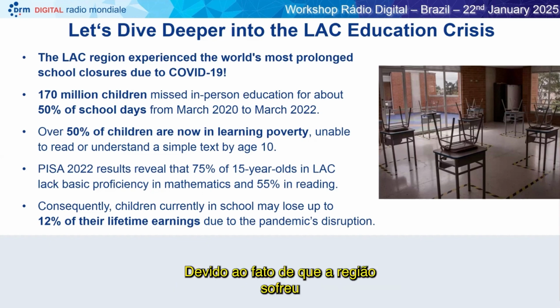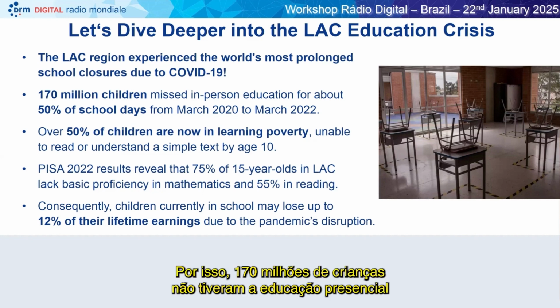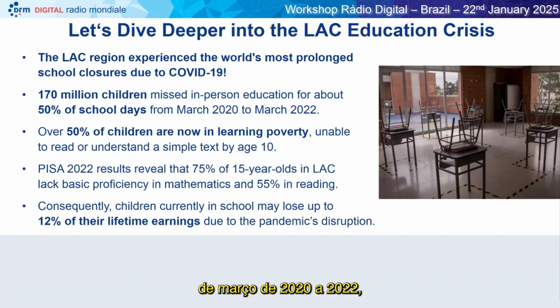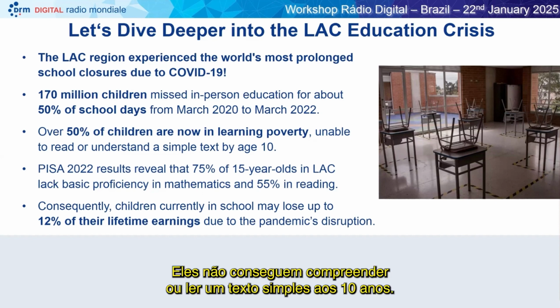This is due to the fact that the region experienced the world's most prolonged school closures due to COVID-19. 170 million children missed in-person education for about 50% of the school days during the COVID period from March 2020 to 2022, which resulted in over 50% of the children being in what we call learning poverty. So they are unable to read or understand a simple text by the age of 10.